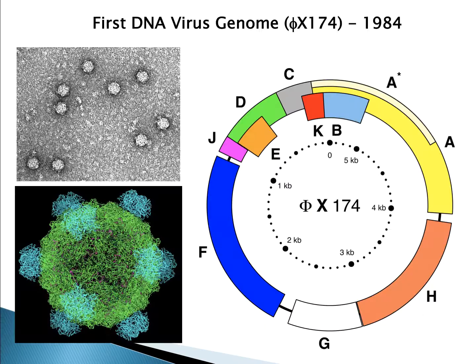Although sequencing had been available since about 1977 to labs, mainly people were working on individual regions of the chromosomes or single genes. But the first DNA genome that was fully sequenced was that of phiX174.